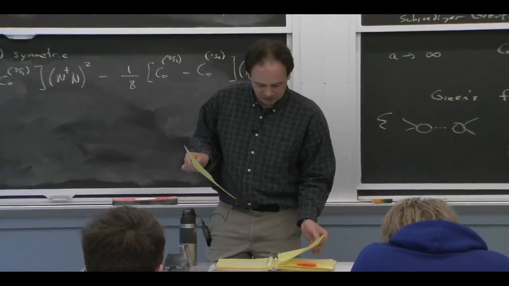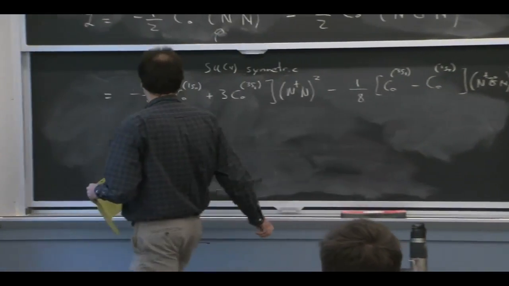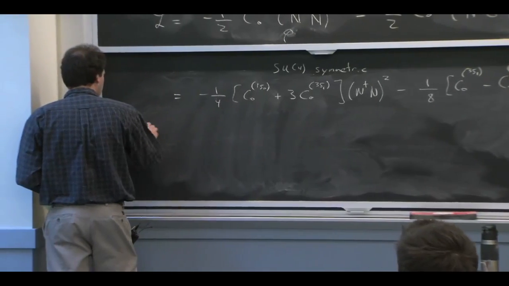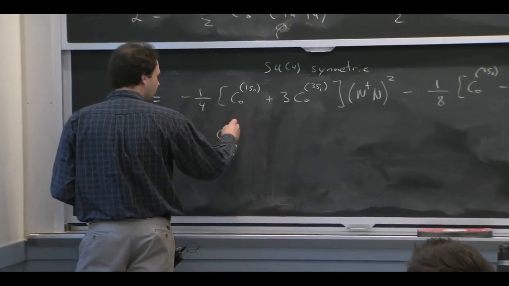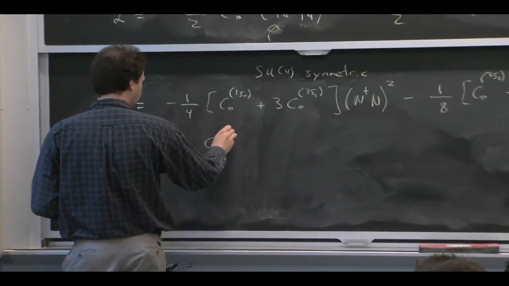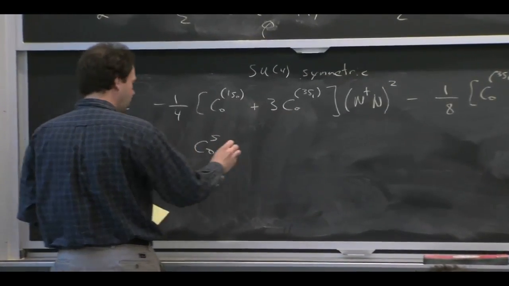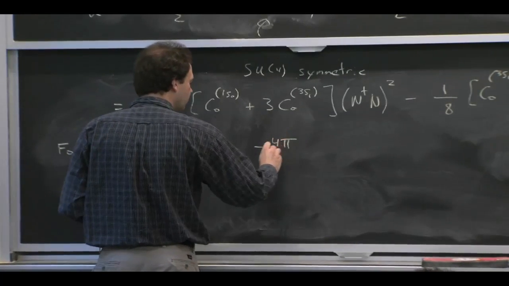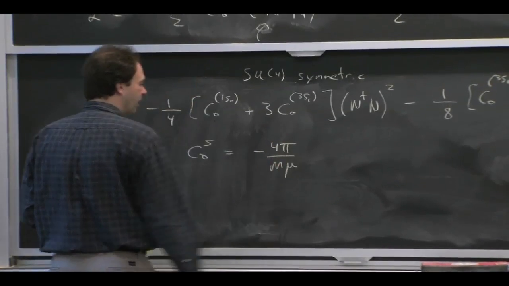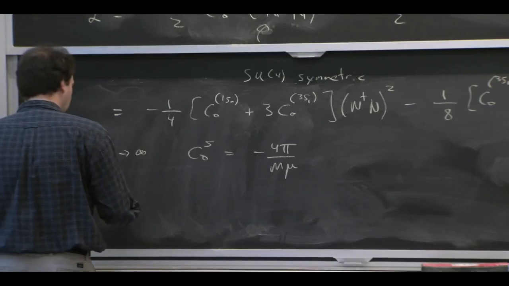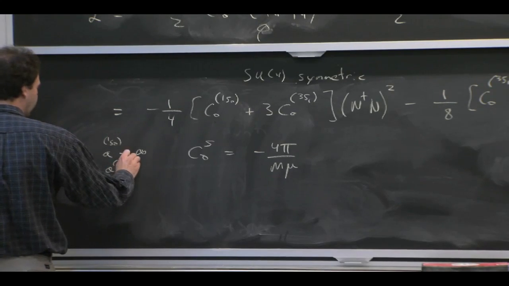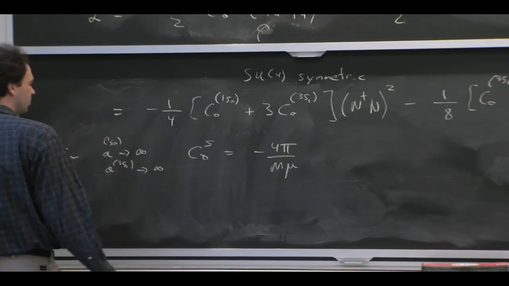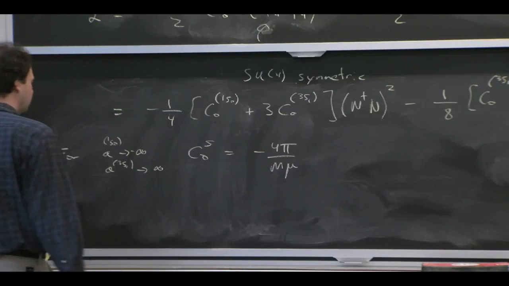Okay, so because of what I just said, for a going to infinity, C0s, which is some symmetric combination of these two that become equal, would just become 4 pi over m mu. And this is for a 1S0 and a 3S1 both going to infinity. This one's minus infinity.